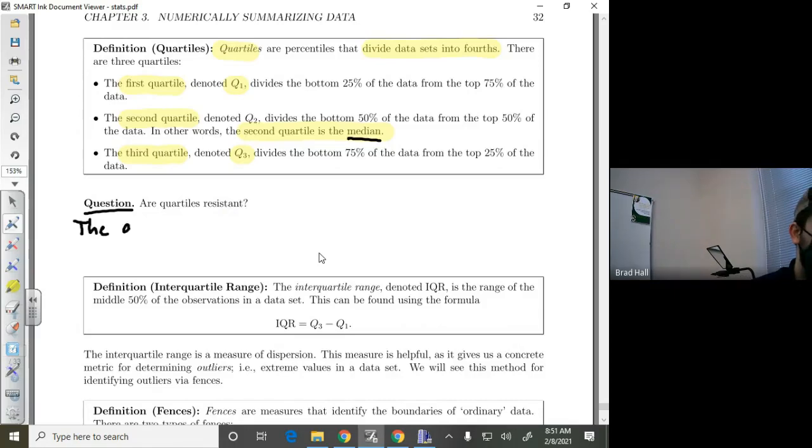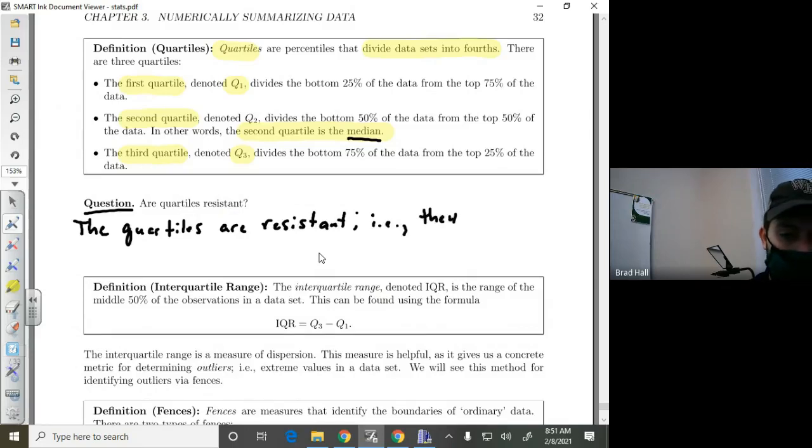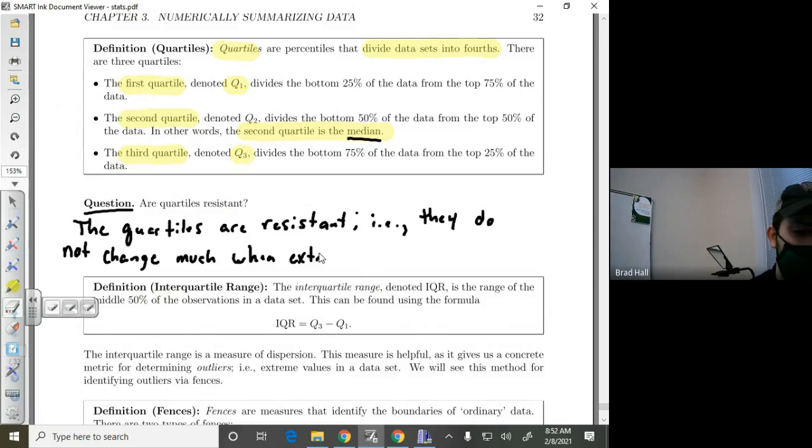So the quartiles are resistant, i.e., they do not change much. They could change, but it would be very minuscule when extreme values are introduced.